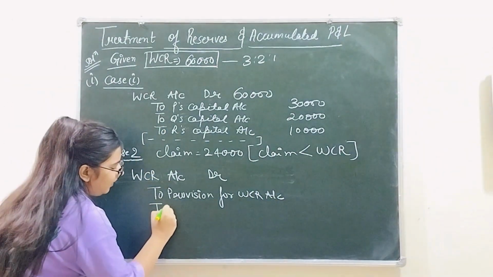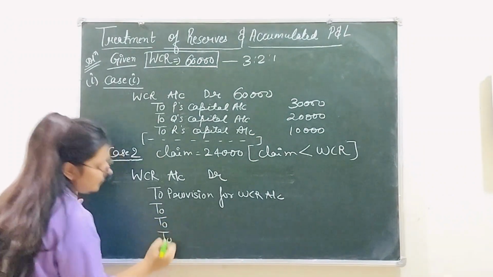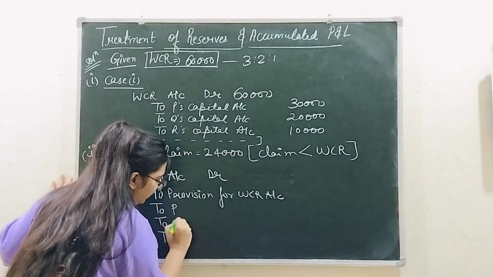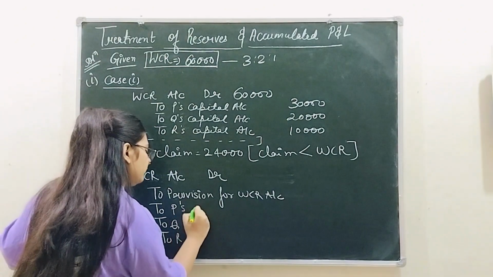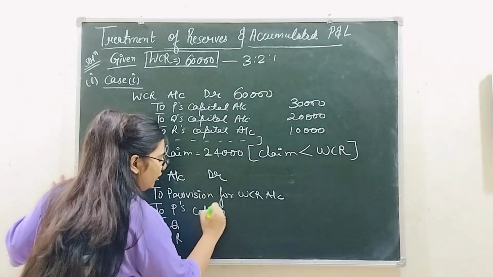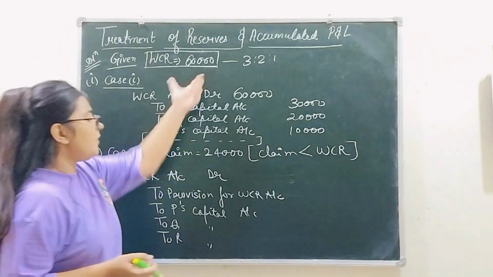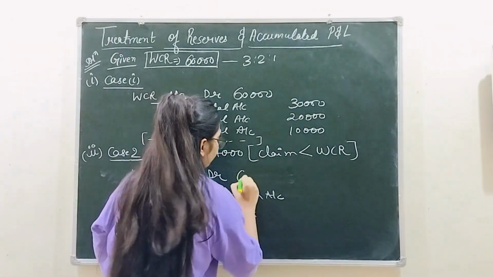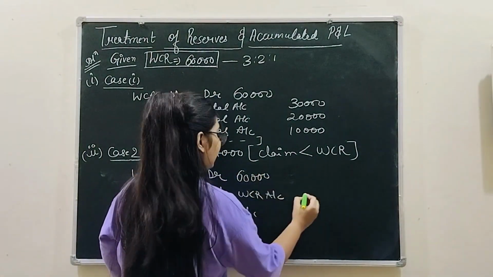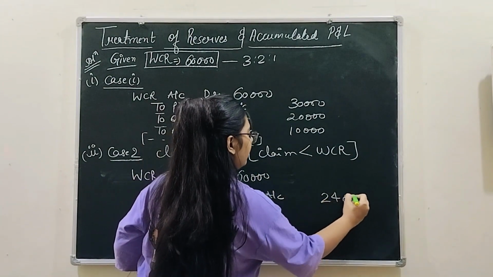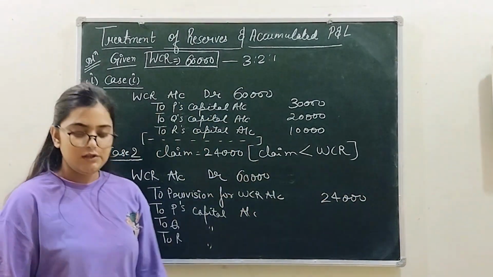Okay, the remaining balance we will distribute among the partners, and in this case there are 3 partners, P, Q and R. I'm going to write down one, just copy for others as well. So your workman compensation reserve is 60,000. Your claim is 24,000. How much is left? 60 minus 24.